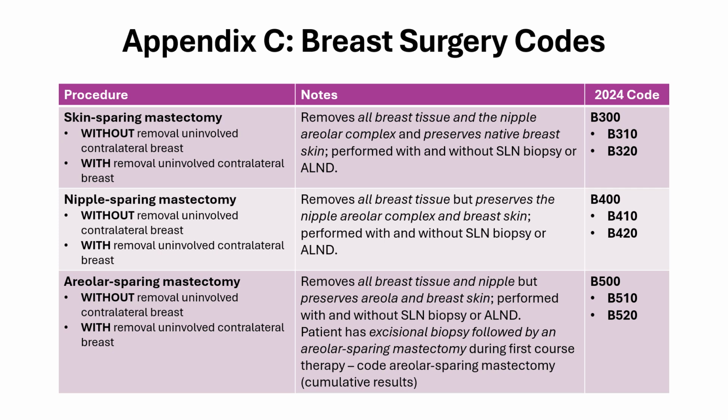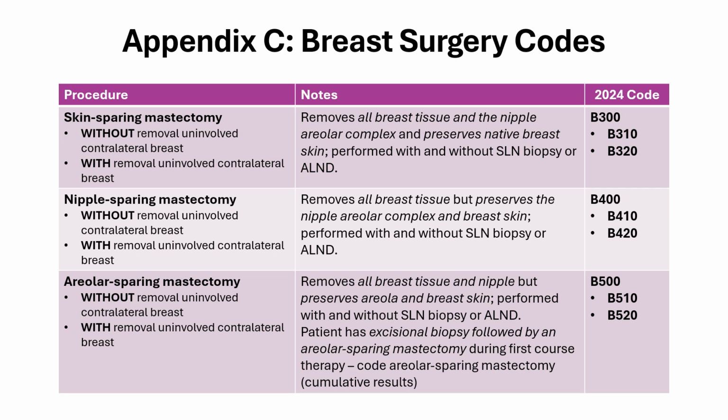This table I call the sparing mastectomy codes. All of these are some type of sparing mastectomy. A Goldilocks mastectomy is essentially a skin-sparing mastectomy with breast reconstruction, and codes B300 through B320 are usually the best available choices.